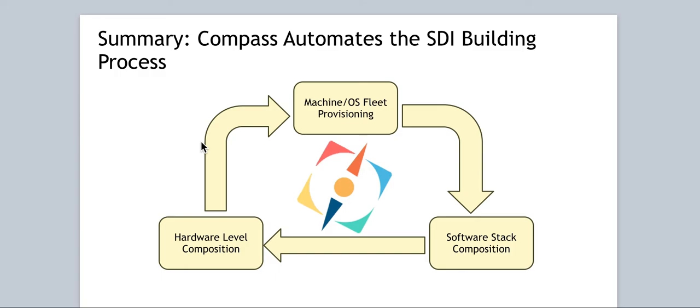So on the high level, Compass addresses the problem by taking care of 3 areas. One is the hardware level composition part by, for example, RSA or other mechanisms.